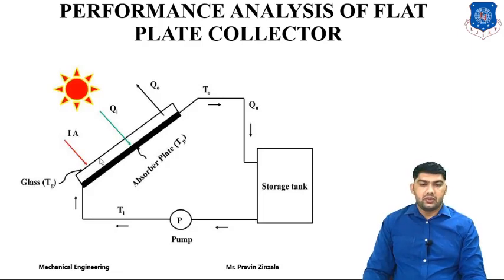Here is the space provided between the glass and our absorber surface; the temperature of the absorber plate is Tp. Some amount of radiation will be absorbed, some will be reflected, and some may be transmitted. It depends upon the property, as we also discussed in the classifications of collector. So this is the simple type of collector.